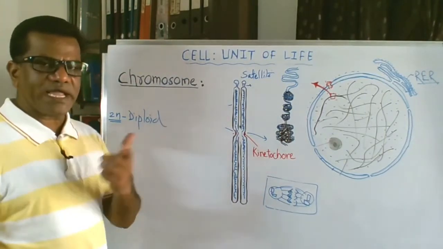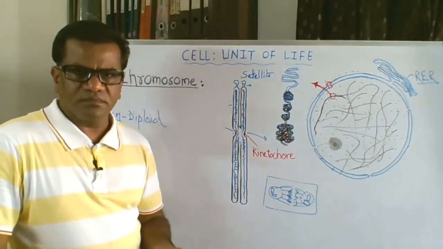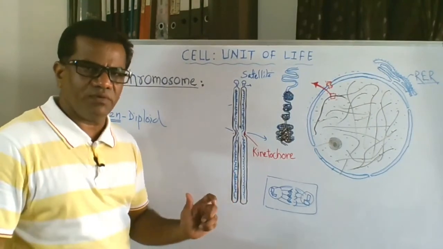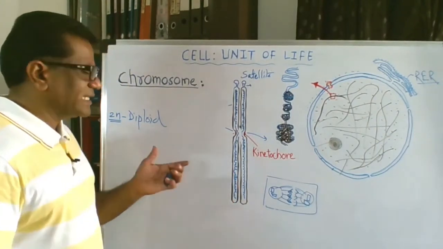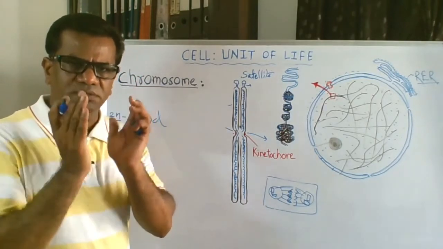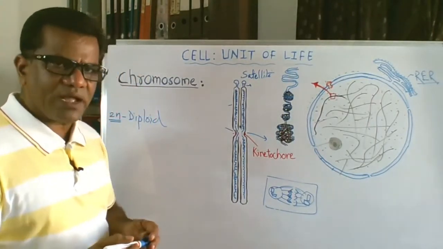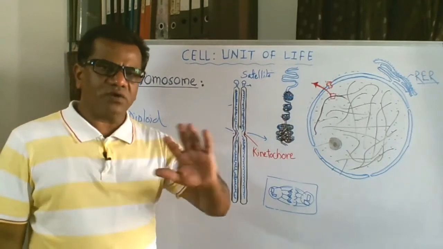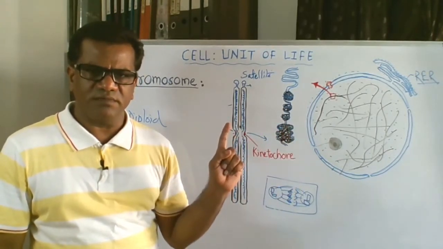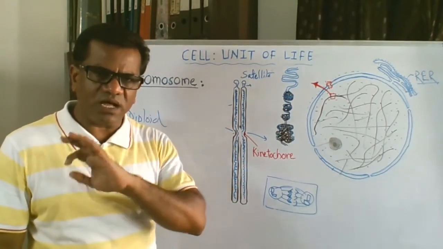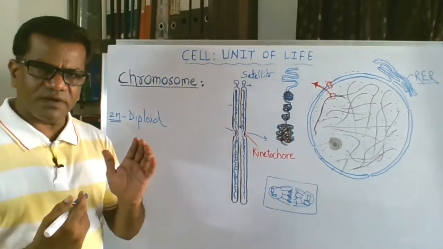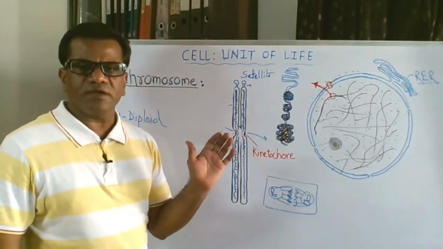Now this ploidy level is seen. In chromosome study we see the ploidy level. Now what is ploidy level? It is the set of chromosomes. One set means, suppose it is a set of 10 chromosomes, all 10 chromosomes differing from one another, forming one set. All chromosomes which are different from one another morphologically, different at the centromeric position.